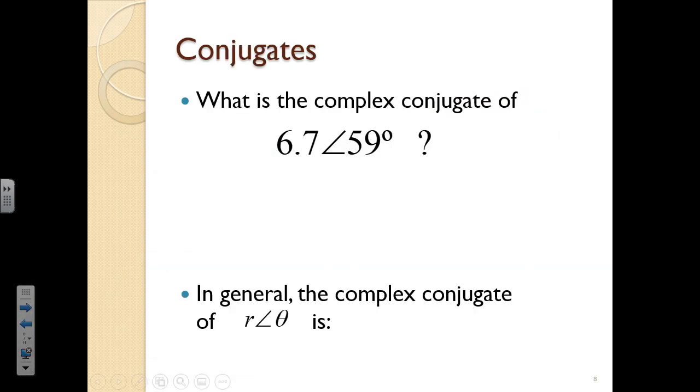Now this raises kind of an interesting question. Let's find out what the complex conjugate of 6.7 at 59 degrees is.